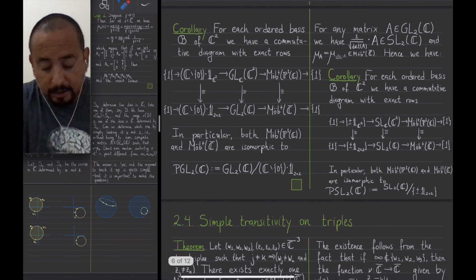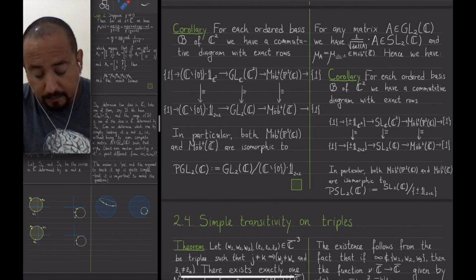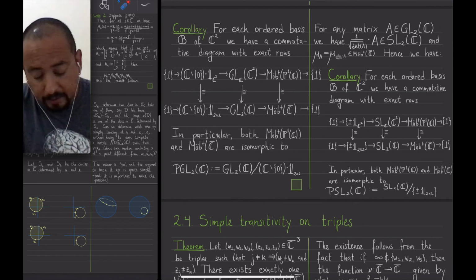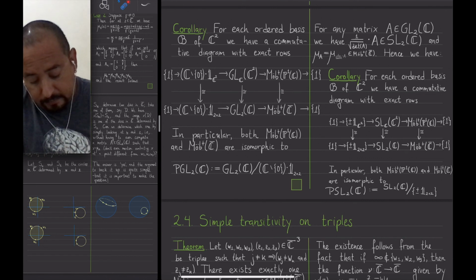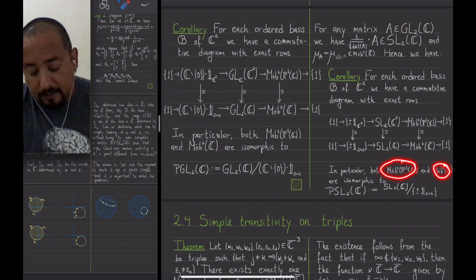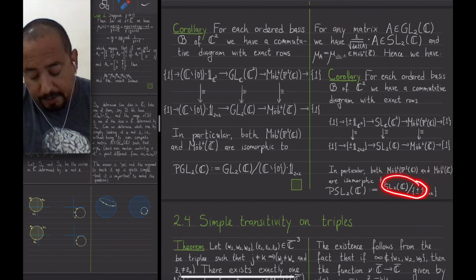We also went into a little bit more sophisticated language. It turns out that the group of Möbius transformations of P1 or of C bar are both isomorphic to the projective special linear group, where you mod out only by plus or minus the identity.